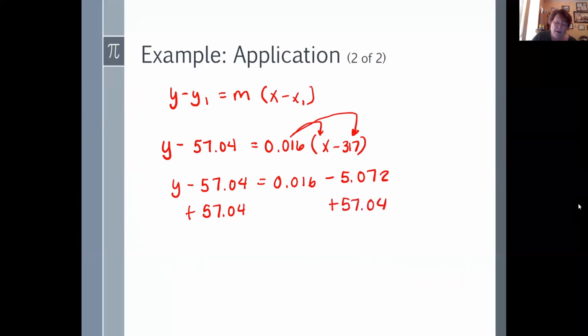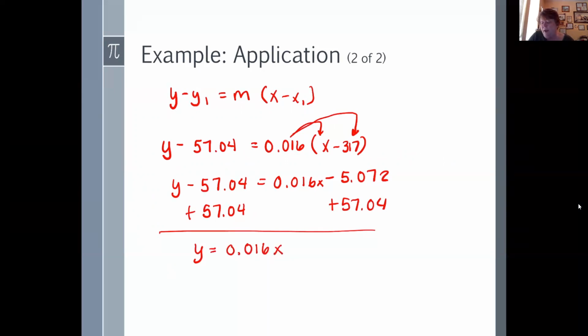Oh, I forgot my x right there. Sorry about that. 0.016x. And then we're going to have 0.016x, and I take my calculator out, and I add 57.04 and negative 5.072, and I get 51.968.